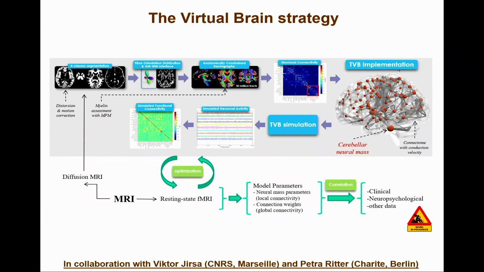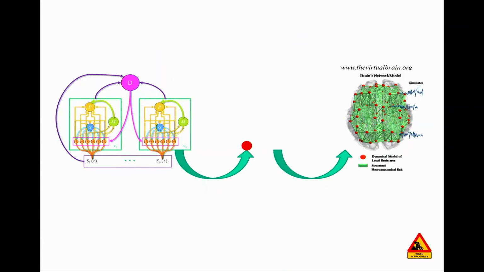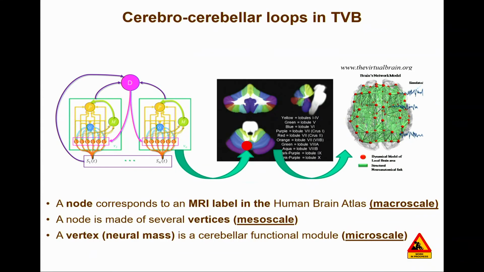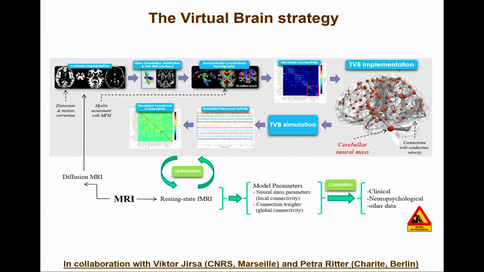This is how the virtual brain strategy can be represented. I don't want to go further in this because Pase will do it. I want to point out a couple of elements that we need to understand the problem. We have basically a central role for magnetic resonance imaging in generating the structure of the connections that we call edges, and in identifying through mapping the nodes that are used to reconnect the brain.